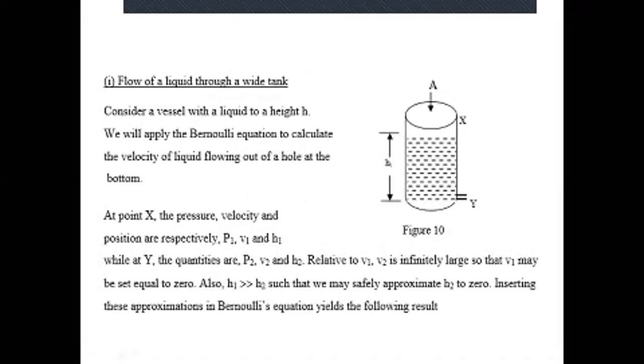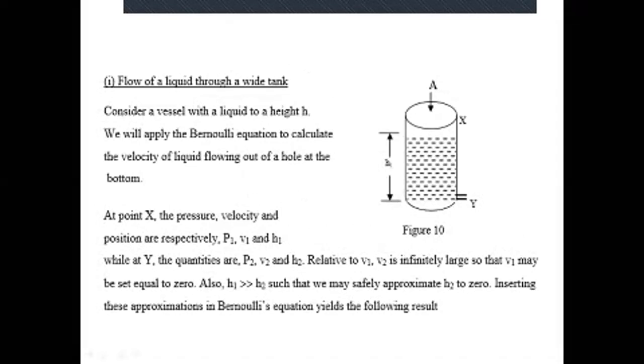We have said velocity 1 can be approximated to 0 because the rate at which the water level is decreasing is very, very small compared to the larger side.